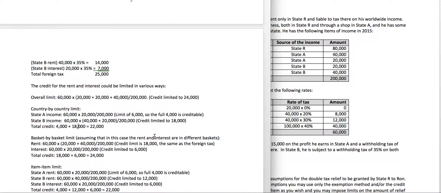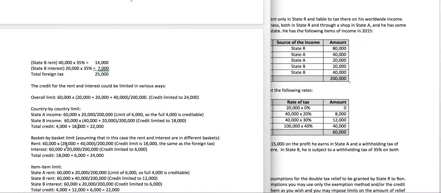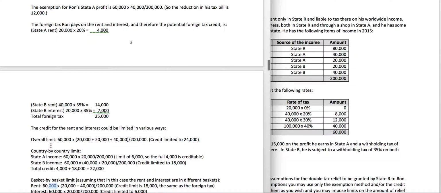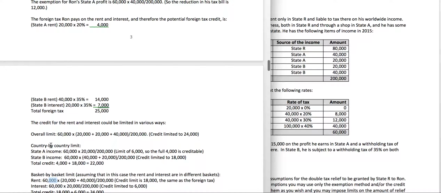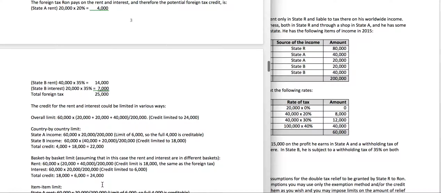Using these same equations over here, basket by basket, assuming that in each case rent and interest are in different baskets, you have your rent, which is 60,000. Where are we coming from over here? This number plus this number is right over there, and then you multiply that by 20,000 plus 40,000, so it's 60,000 over 200,000. The credit limit is 18,000.